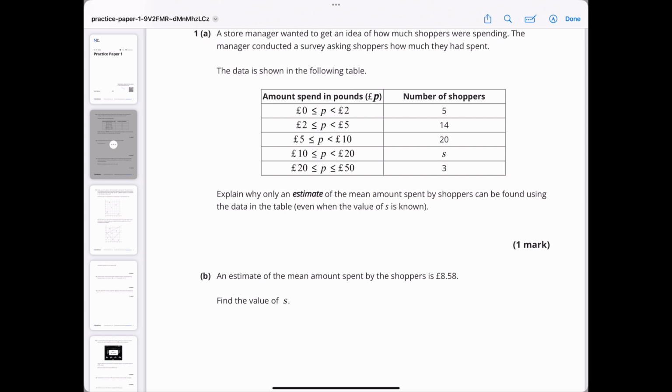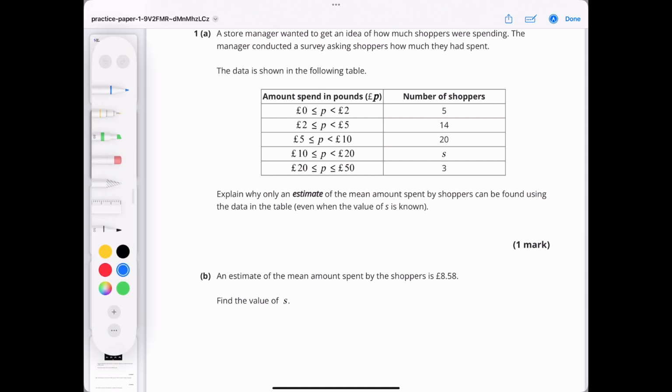Well, we don't have the original data. And what we do have, so essentially the people between £2 and £5, everyone could have spent closer to 2 or everyone could have spent closer to 5, but we're assuming it's normally distributed between £2 and £5.